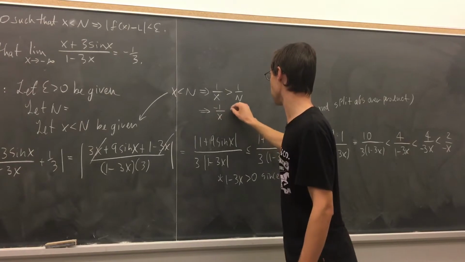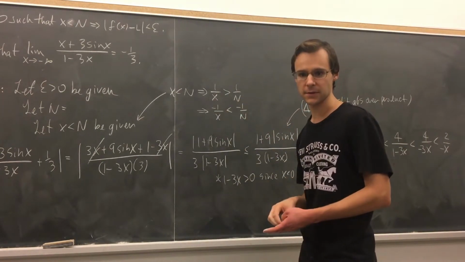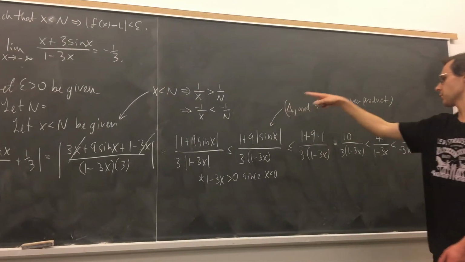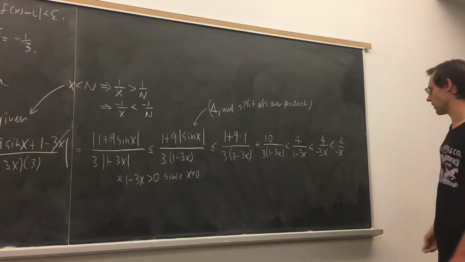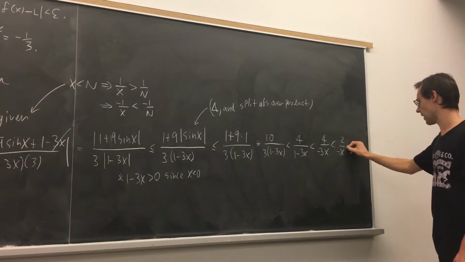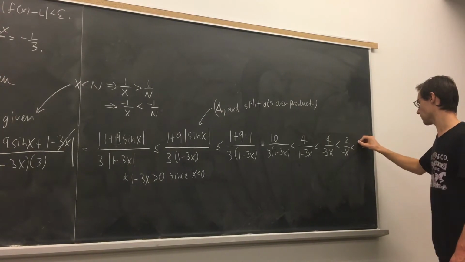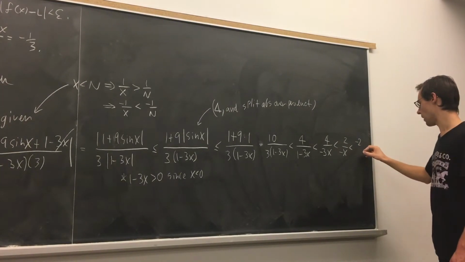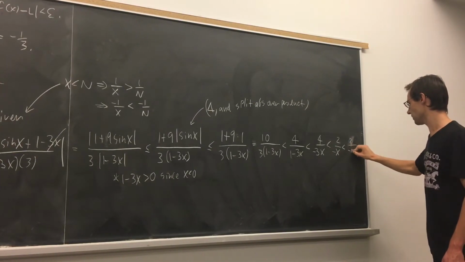We have negative 1 over x is less than negative 1 over n, okay? These are now positive numbers. We can replace that negative 1 over x here with the negative 1 over n. So at this step, we can simply have this will be a less than negative, or rather, yeah, sure. Let's put the negative in the 2. No, let's keep it on the n. 2 over negative n. There we go.